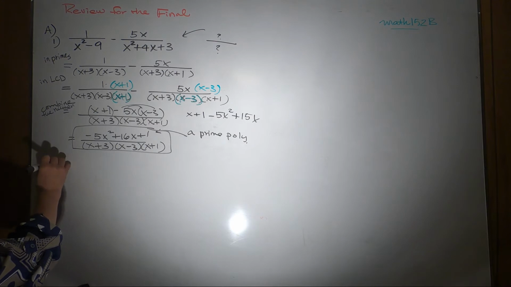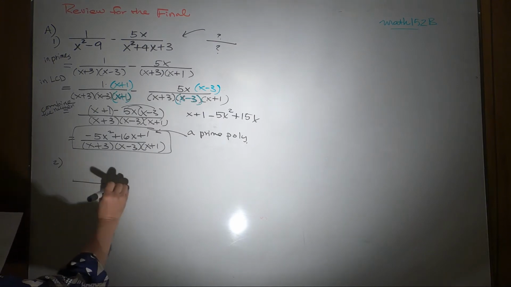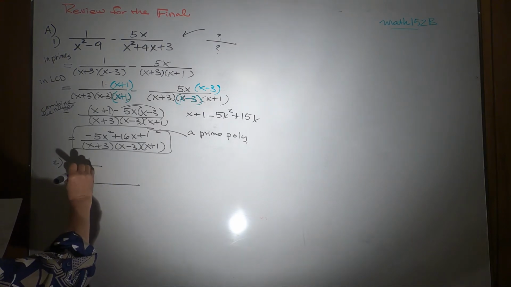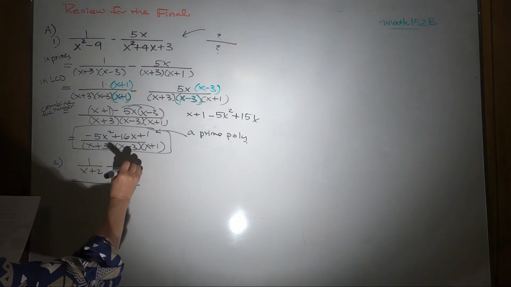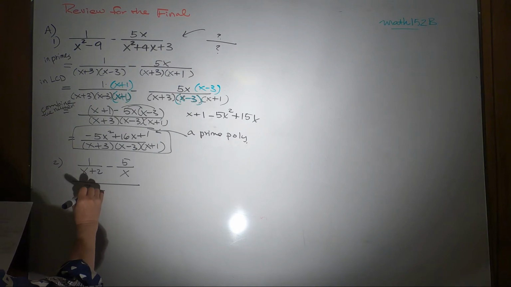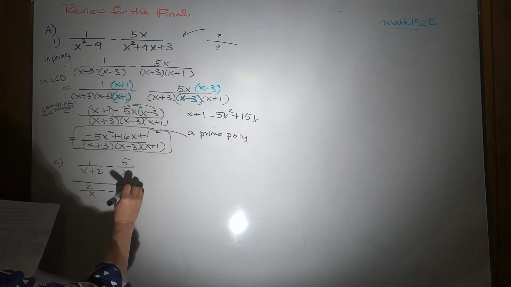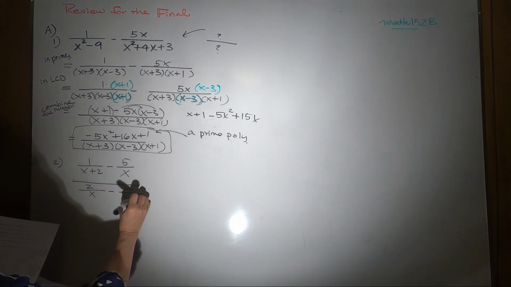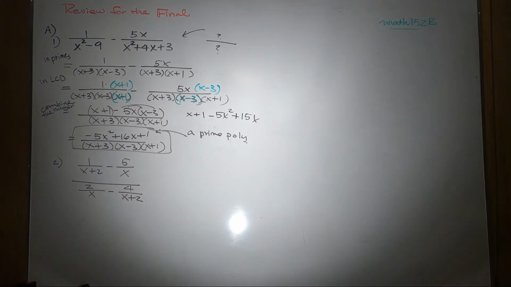Okay, the second one is what? You have fractions over fractions. We call it a complex fraction, right?